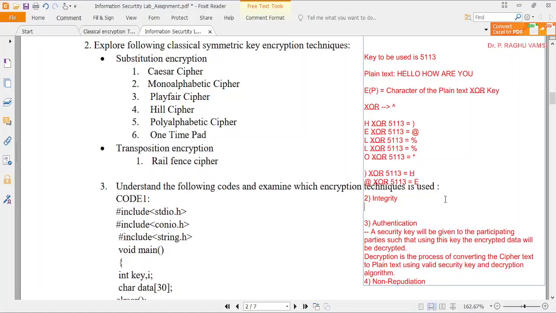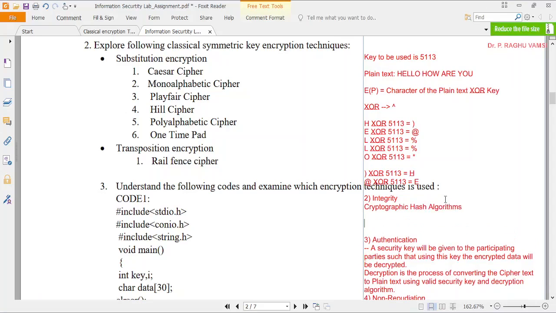For this, we are going to use cryptographic hash algorithms for checking the integrity. For example, I have some data. I will use any of the cryptographic hash algorithms, for example MD5, SHA1, SHA2.